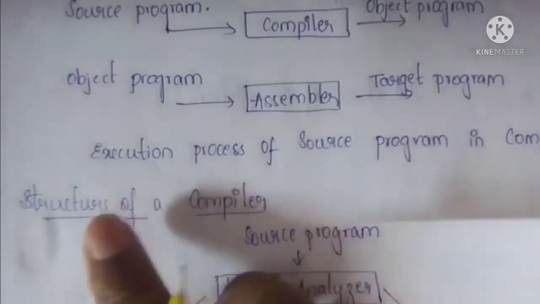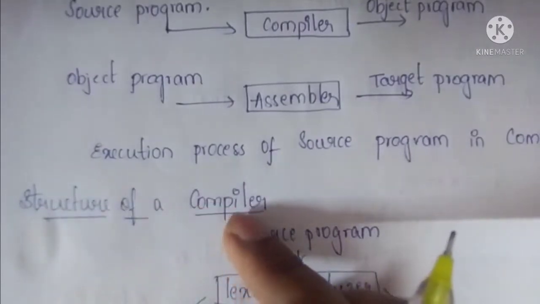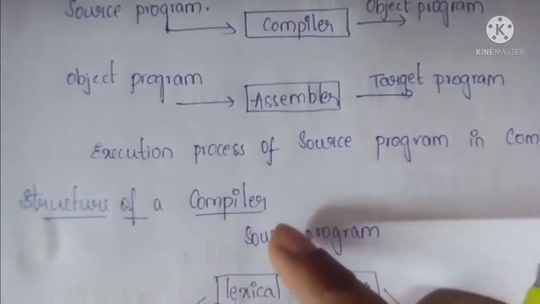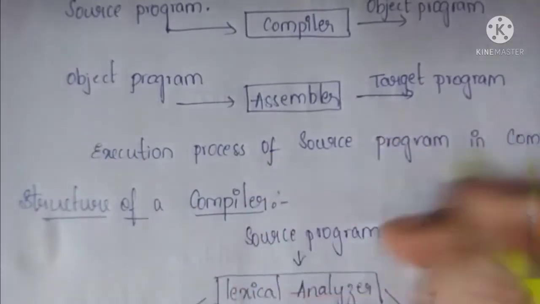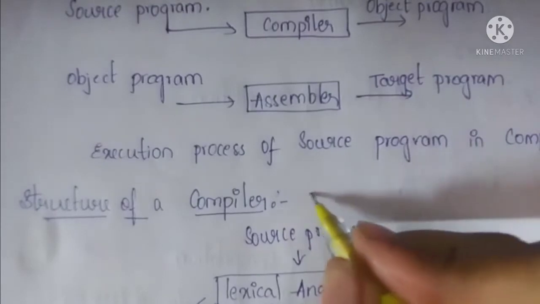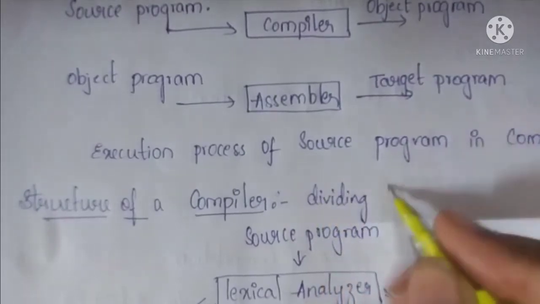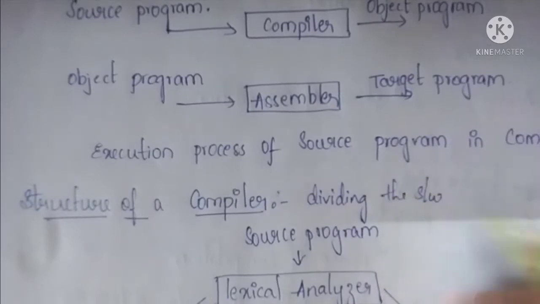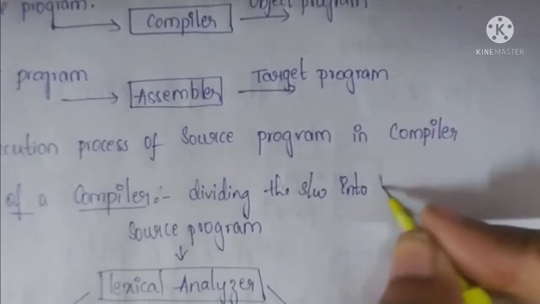In a similar way, for the structure of the compiler also, it will be easier if we divide it into modules. What is meant by the structure of the compiler is that we are dividing the software into modules.